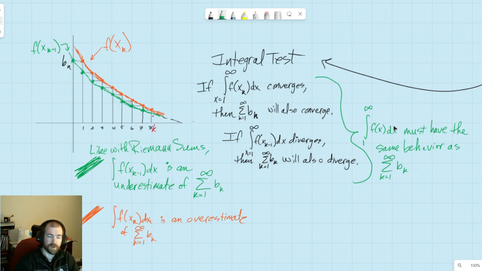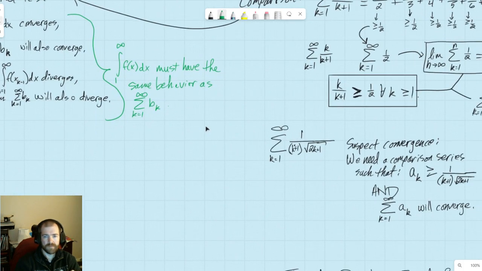So, long and the short, the integral of this function must have the same behavior as the sum of that sequence. So how does that help?